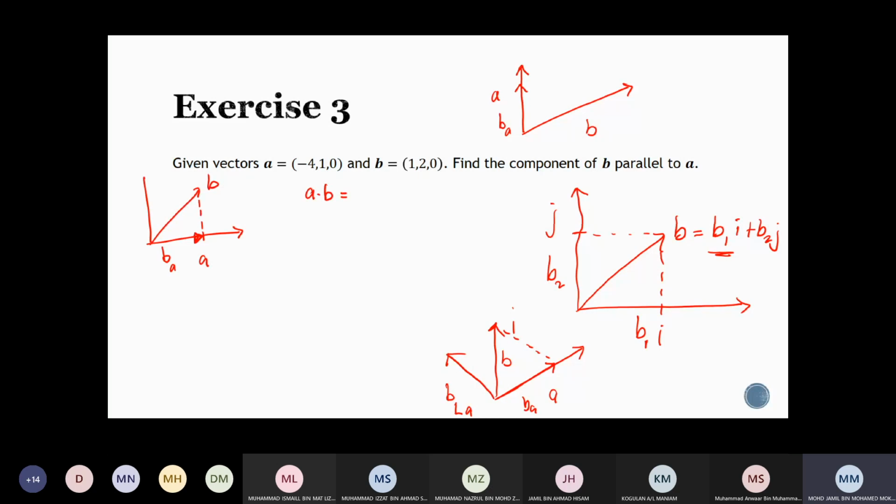If you find the dot product, basically you will find this magnitude. So for the dot product you get -4 times 1 plus 1 times 2 plus 0, so you get -2. So the magnitude is -2.